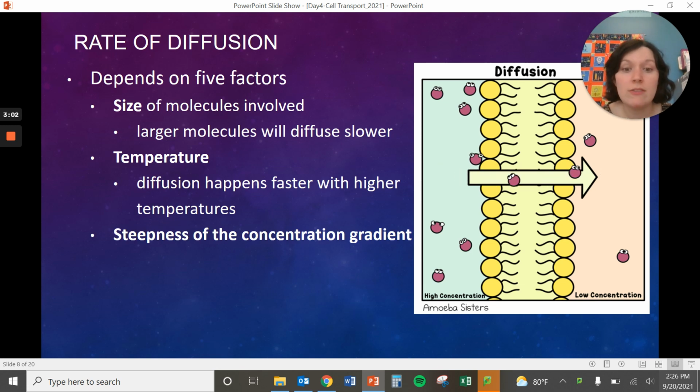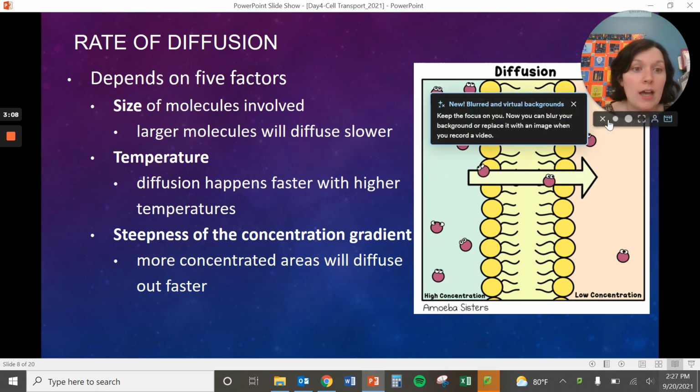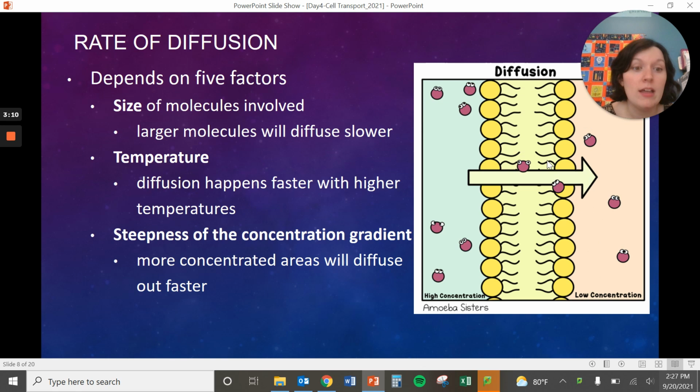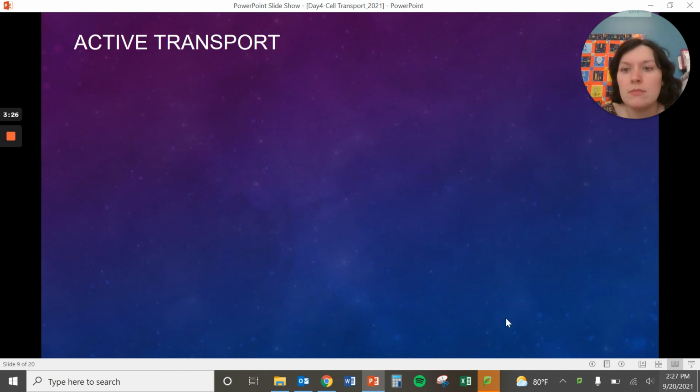The steepness of the concentration gradient: if we have a really concentrated area and a really low concentration area, it's going to move a lot faster than if we have two regions that are more similar to each other. The charge of the molecules involved. And, sorry, there were 5, the pressure as well. If we increase the pressure, it's going to push those molecules to diffuse faster.